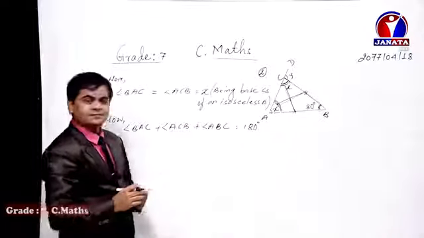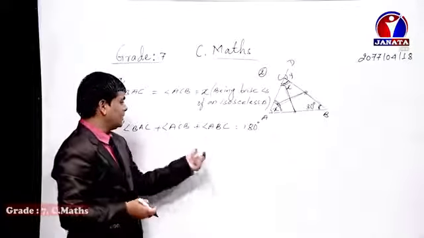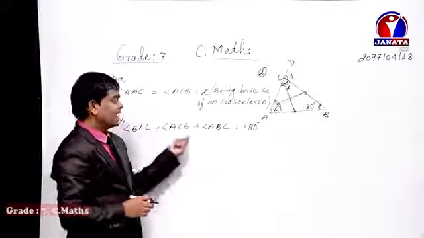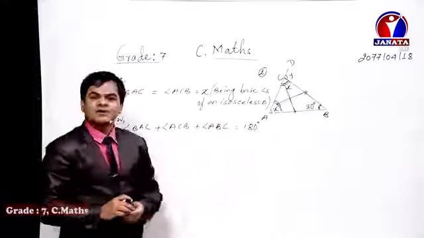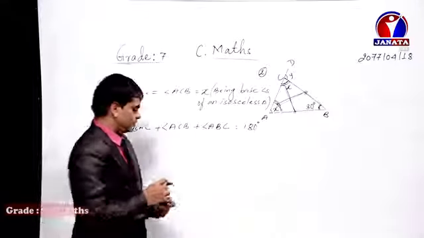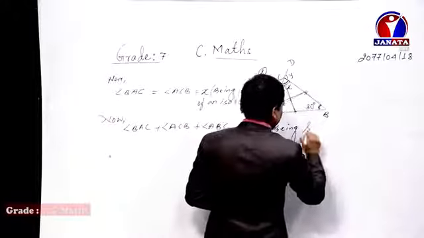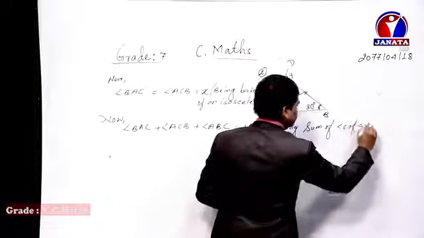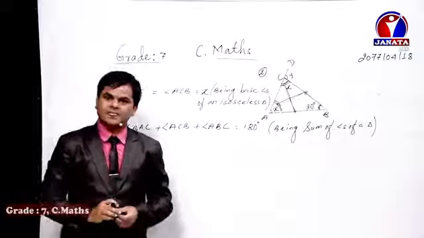Now can you write the reason? The reason of this statement will be the same as the previous one. These are the angles of a triangle, so the sum of angles of a triangle is 180 degrees. So you can mention here, being sum of angles of a triangle.